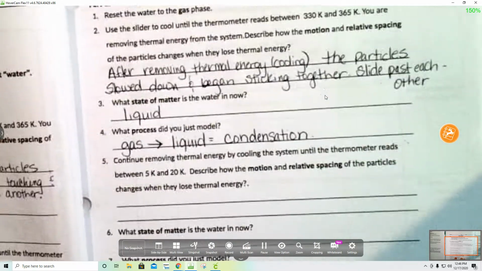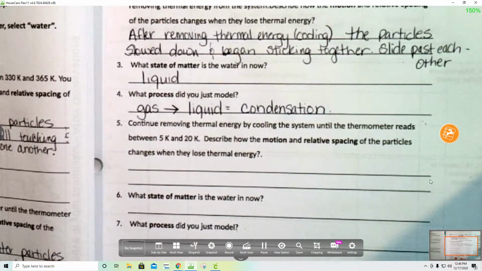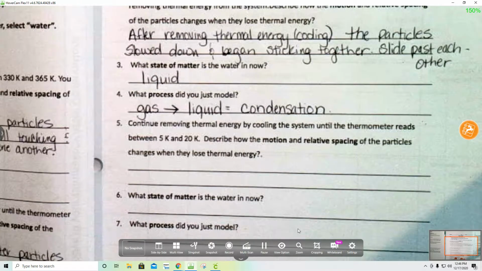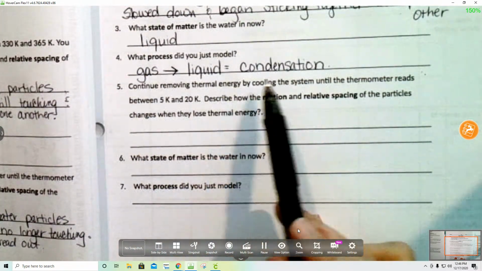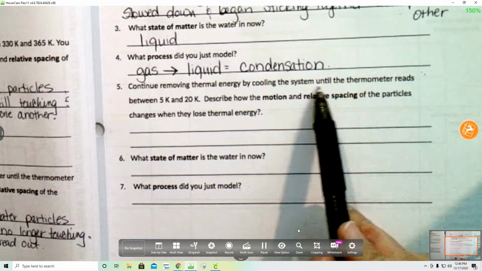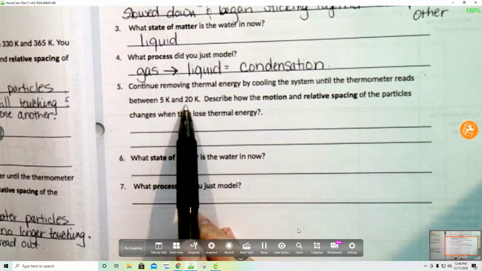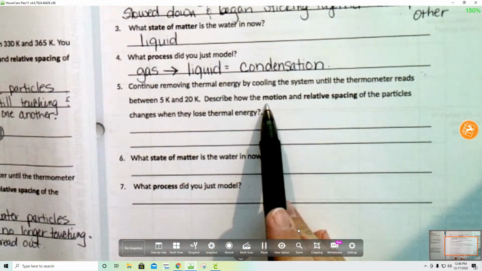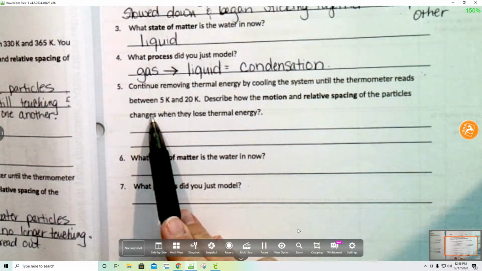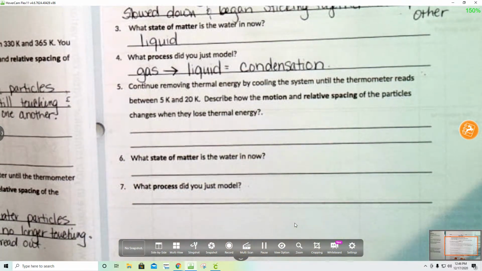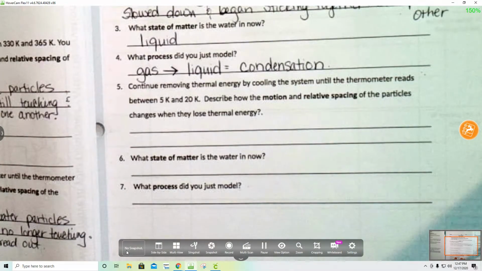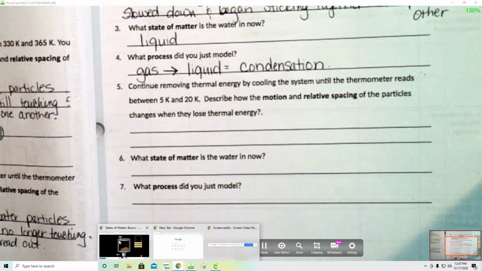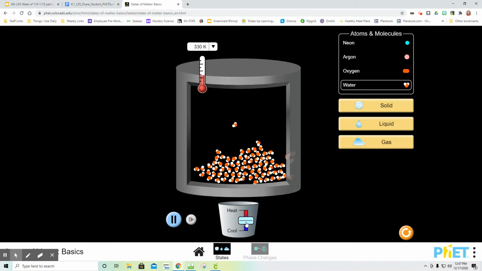Okay. Again, pause if you need to slow down and catch up. We're going to move forward, continuing removing thermal energy by cooling the system till the thermometer reads between 5 and 20 K. Describe the motion and relative spacing of the particles when they lose thermal energy. Again, when we're cooling it, losing thermal energy. So 5 and 20 K is what we're looking for. We're going to cool it down.